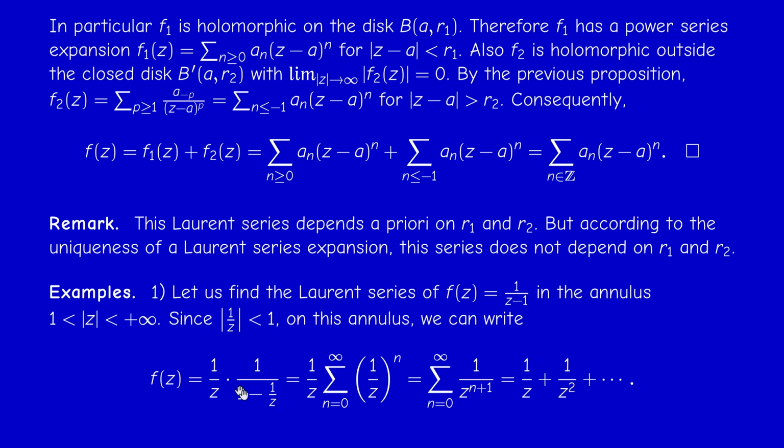So I can expand this fraction as a power series, the sum of 1 over z to the n from 0. But I have the 1 over z outside, so when I put 1 over z inside, I get 1 over z to the n plus 1. If you want to compute it, we start with n equals 0: 1 over z plus 1 over z squared plus etc. So all the negative powers of z.